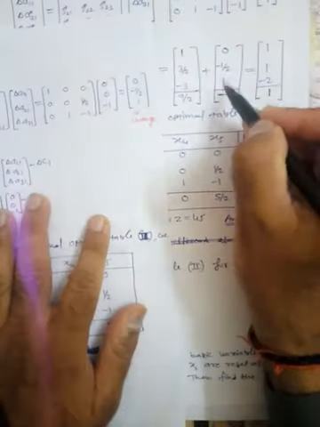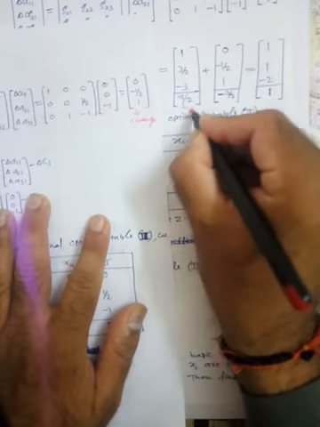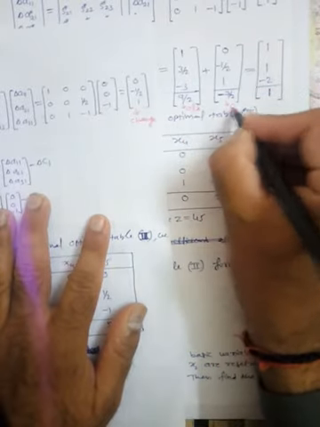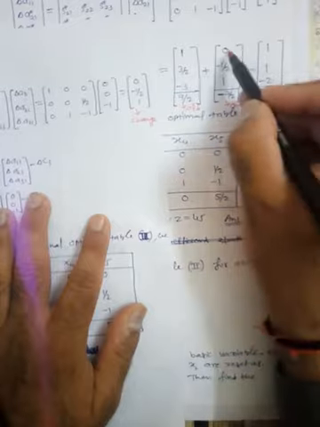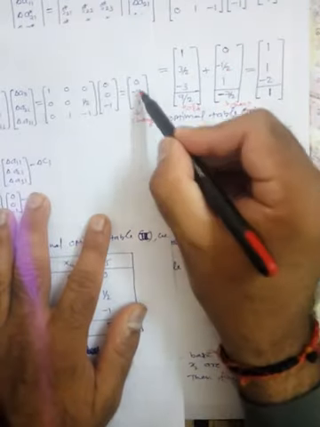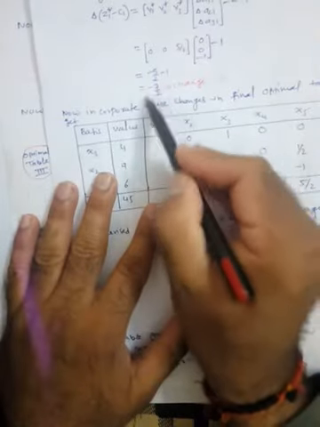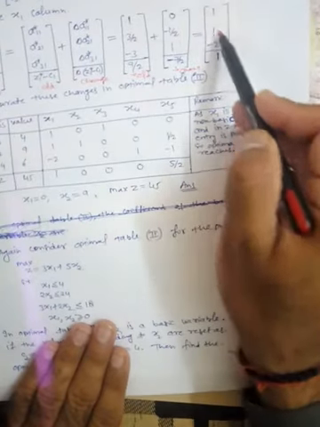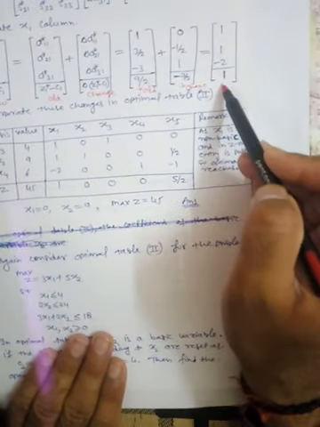This is the change: 0, minus half and 1, and minus 7 by 2. So after doing this, just add these two. So we get 1, 1, minus 2 and 1.